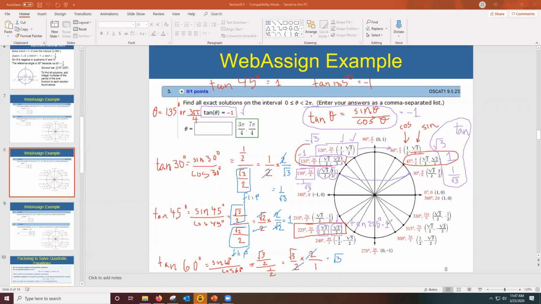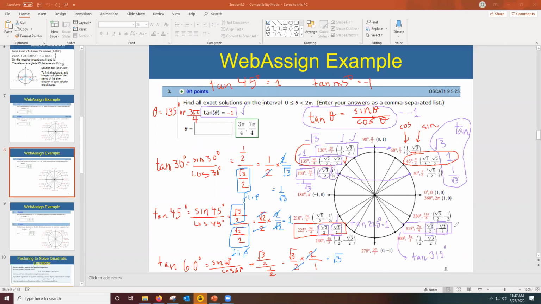So that's not an answer to this question, right? Because I need the tangent to equal -1. But let me come over here to 315 degrees. What is the tangent of 315? Well, it's sine over cosine. But in this example, the sine and the cosine are the same.